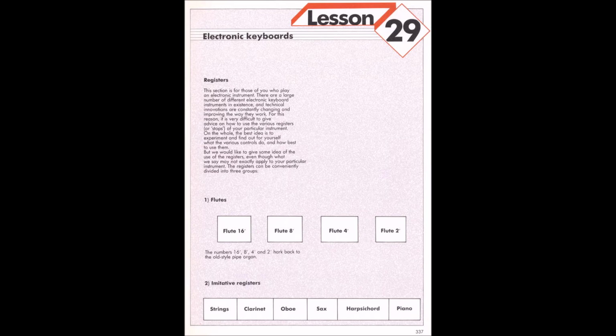And now here's the flute 4, an octave higher. And the flute 2, a full 2 octaves above the note you play on the keyboard.